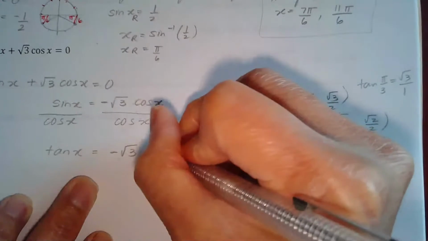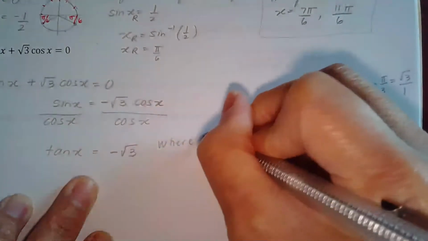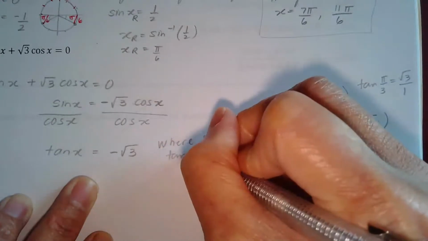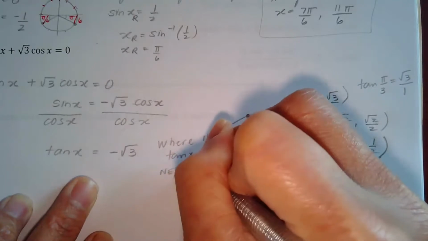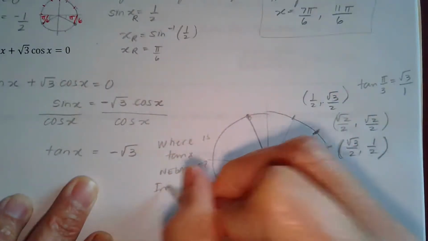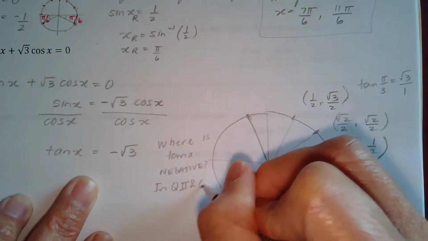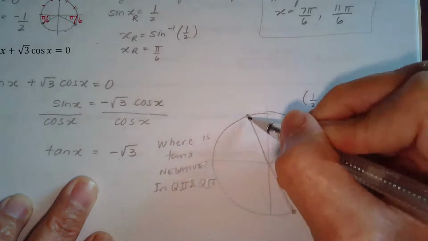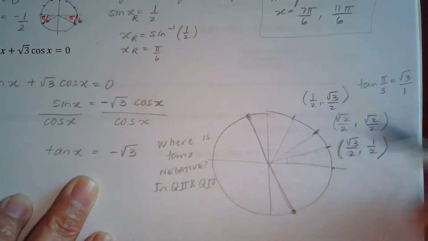I'll write it down in here just in case. Where is tan of x negative? Well, it's going to be in quadrant 2 and quadrant 4. So that's where it is, right there, quadrant 2 and quadrant 4.